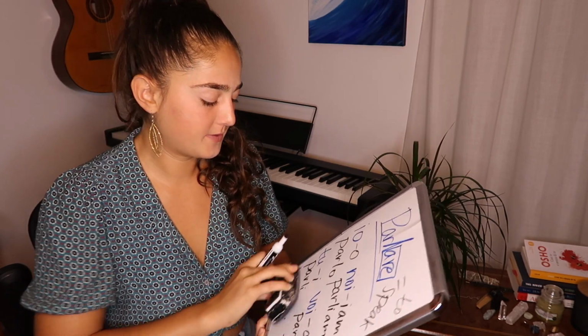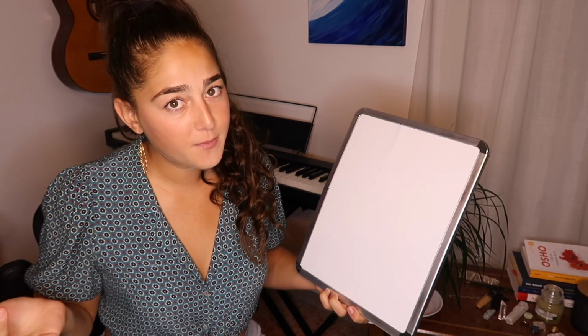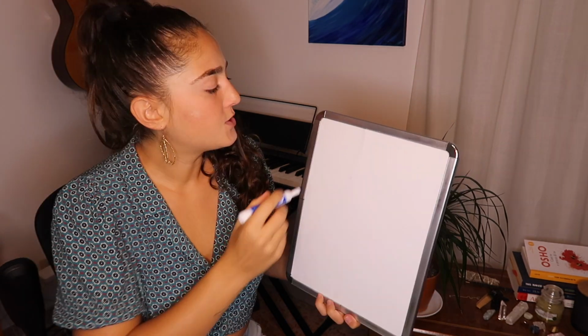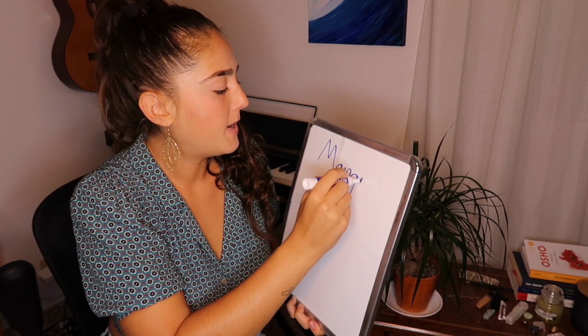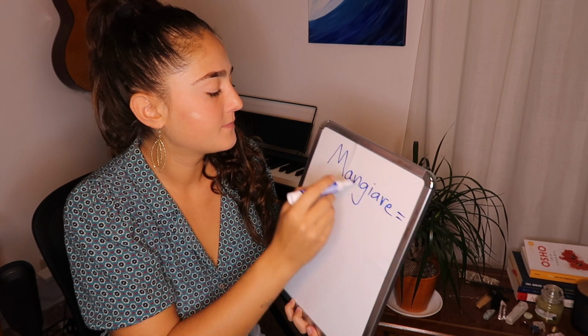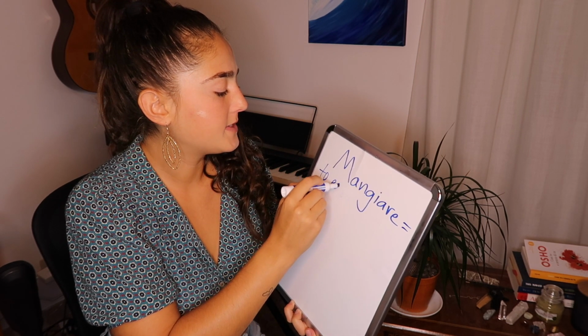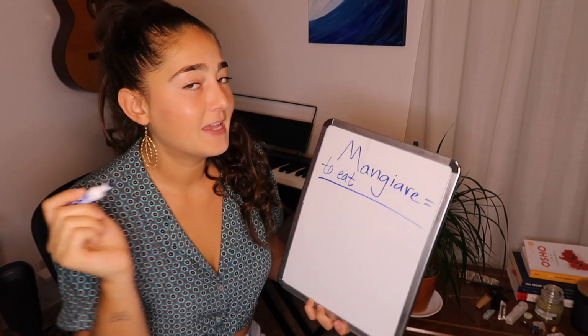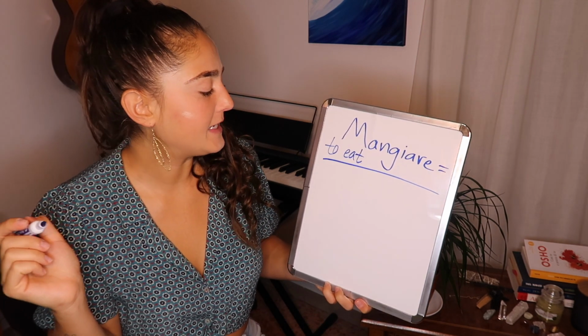Okay, next verb. We have verbs that end in both ARE and IARE. So we're gonna do an IARE verb now so you can see how those are conjugated. Let's do the verb mangiare, which means to eat. A very useful verb in Italy.